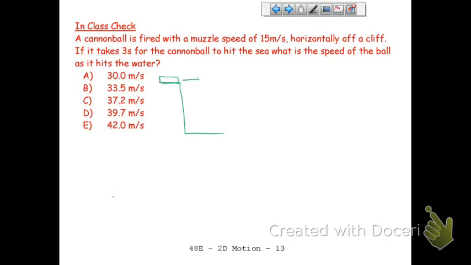At least I've changed the number this time. It's getting a bit more interesting though. What is the speed of the ball as it hits the water? Speed is not directional. It's how fast you travel in any direction. There's my speed.